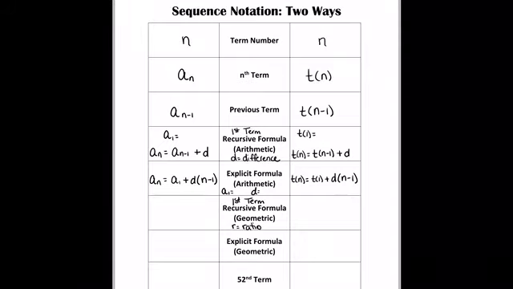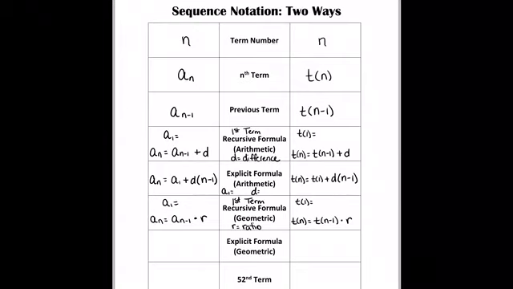So in a recursive formula, we would have to define our first term, and then to get the nth term, we're going to take our previous term, so a sub n minus 1, times our ratio. In the t of n notation, we would have our first term, and then the nth term would be equal to the previous term times the common ratio.